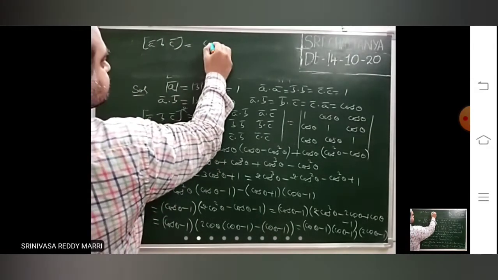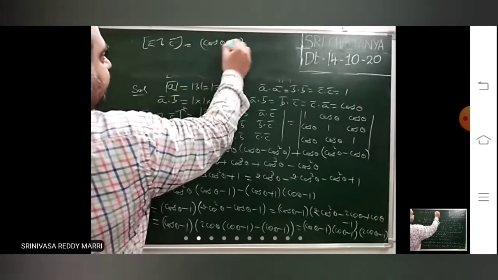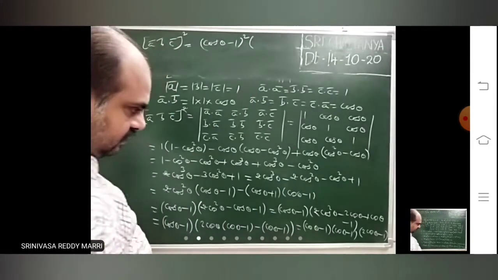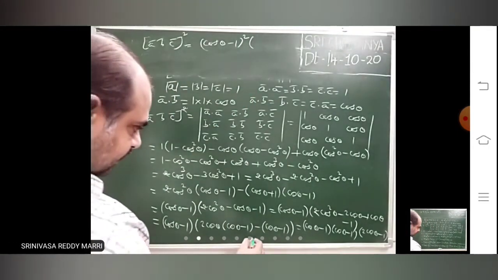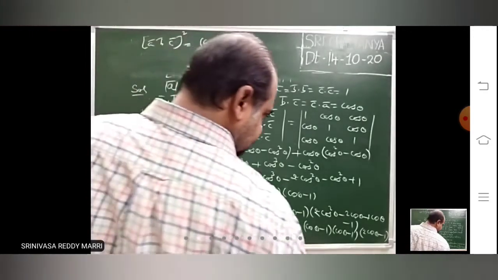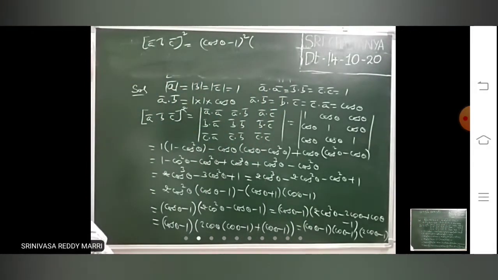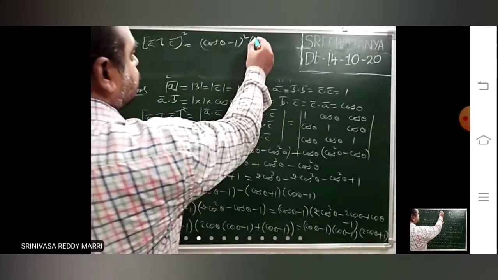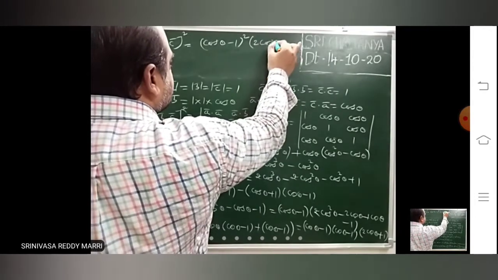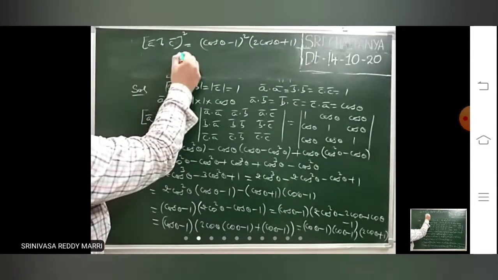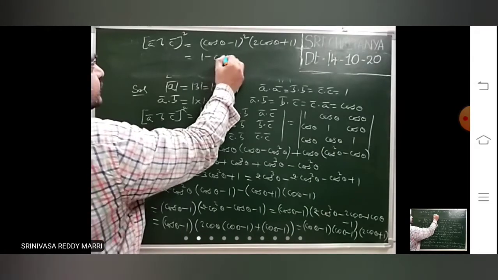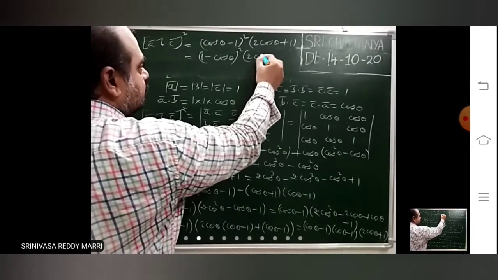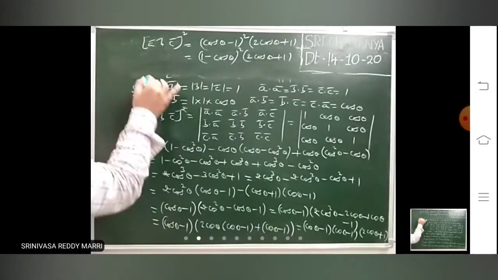So this is (cos theta minus 1) whole square into (2 cos theta plus 1). This can also be written as (1 minus cos theta) whole square into (2 cos theta plus 1).